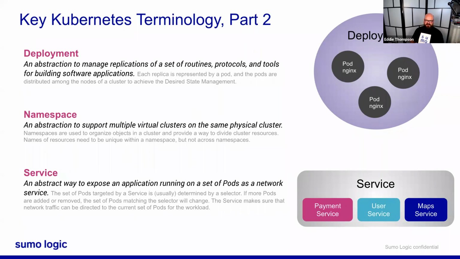So you may have things like a payment service, a user service, a map service or an authentication service. The service layer, or a service mesh, is what is actually redirecting those requests which are received externally to the pods servicing those requests within your clusters.